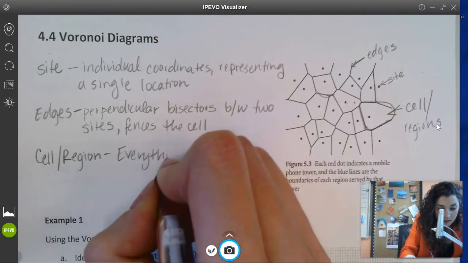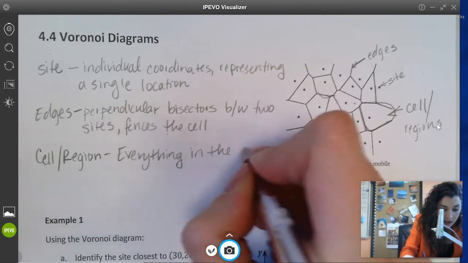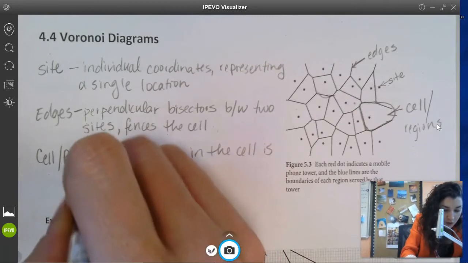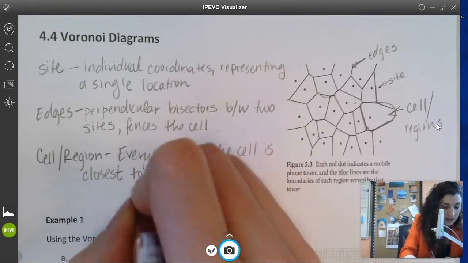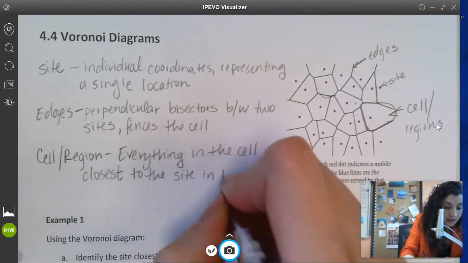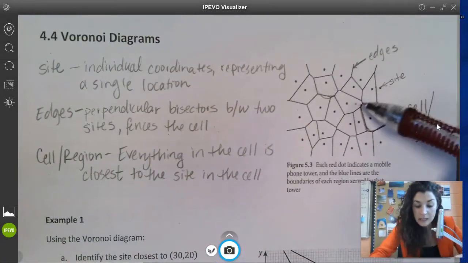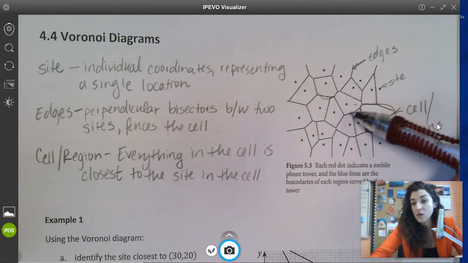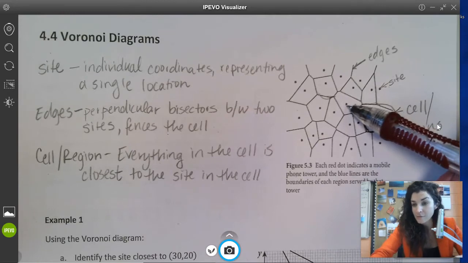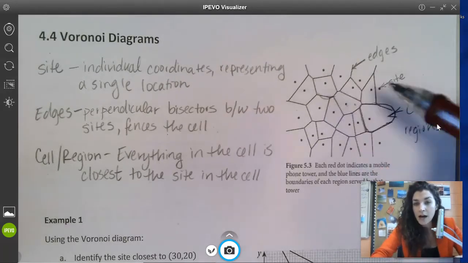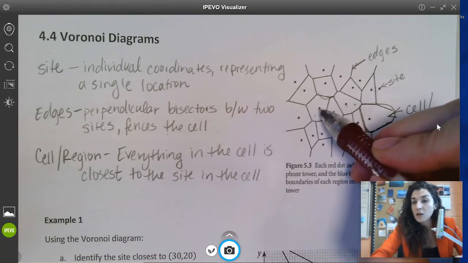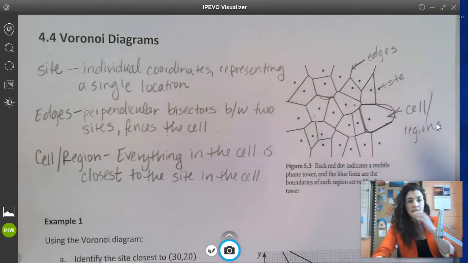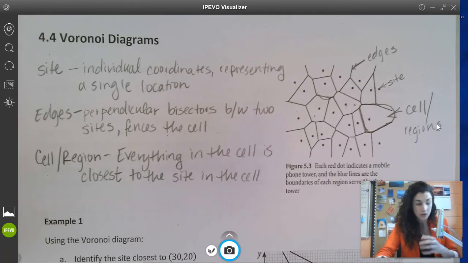Everything in the cell is closest to the site in the cell. So if you lived here, any other point that you can put within this cell would have this site being the closest site to you. If I lived in or was placed in this cell, this site right here would be the closest site to me. So the cell region establishes the region in which that site is the closest site to you.